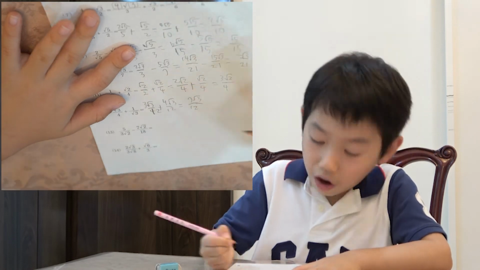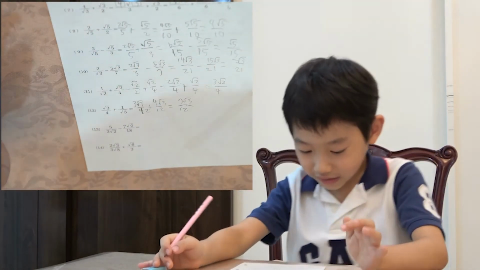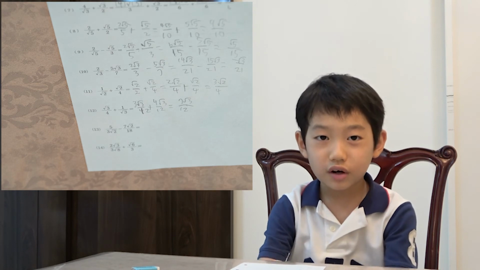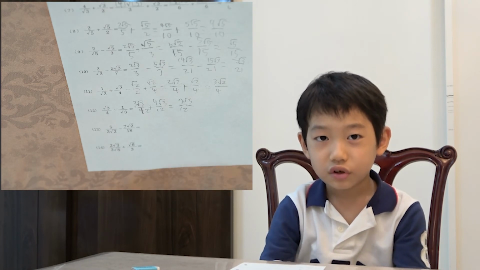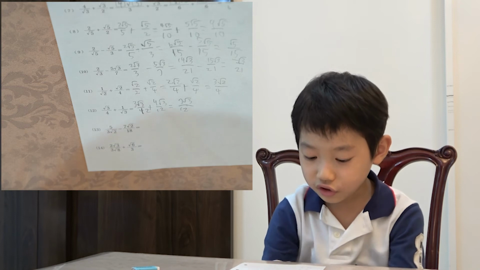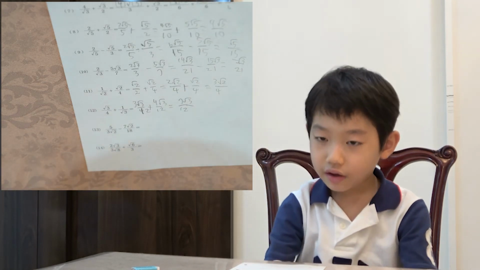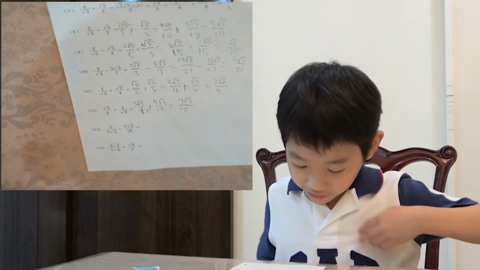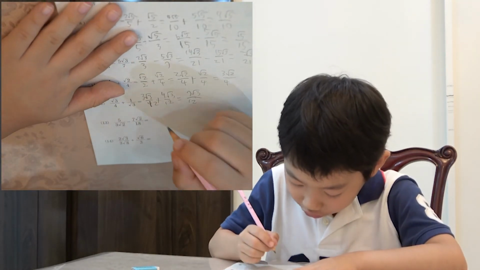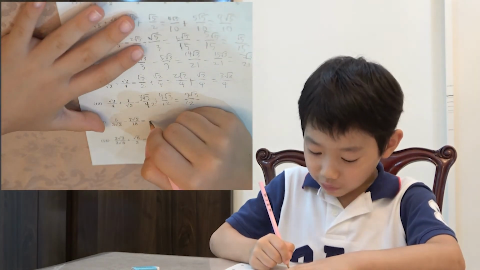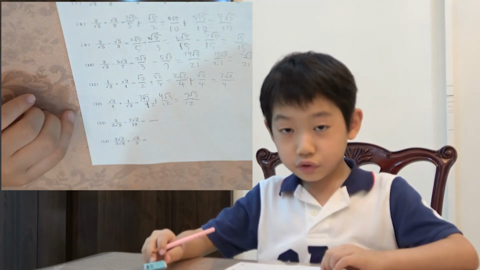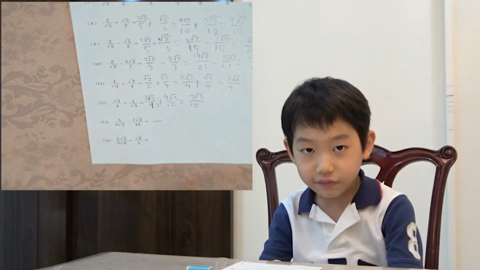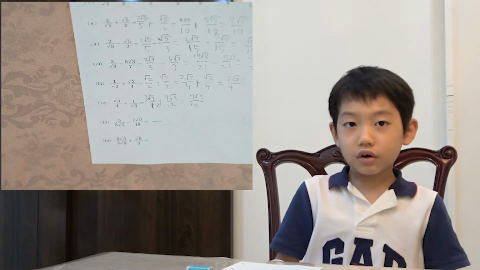Now I'll show you the hard ones. This time it'll be 5 over 3 square root of 2 minus 7 square root of 2 over 18. I'll first show you how to do this. First, we need to use the 3 square root of 2 that is in the 5 over 3 square root of 2.